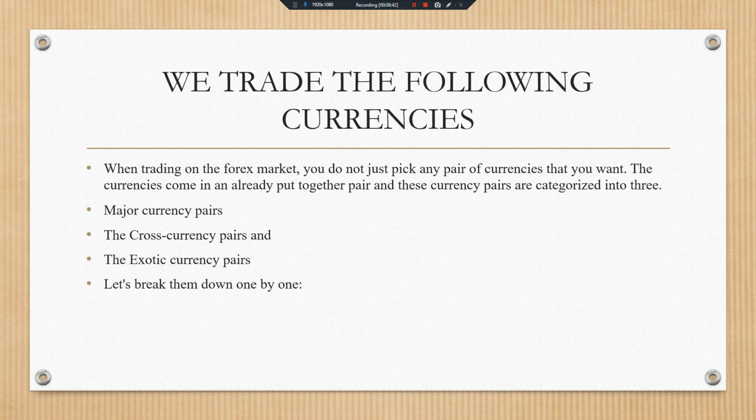But all these currencies that we have worldwide are grouped in different groups. There's a group that we call major currencies, another group that we call the cross-currency pairs, and then we have the exotic currency pairs. Now let's understand what all these groups are.